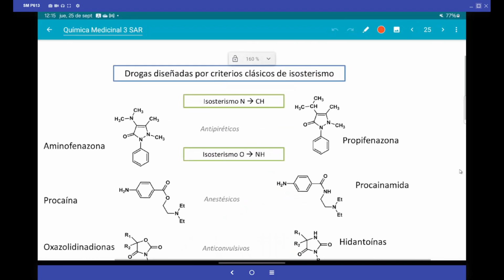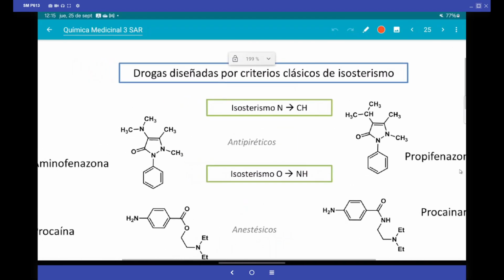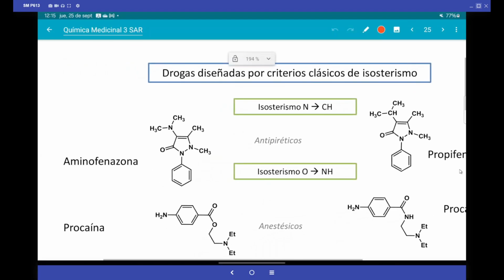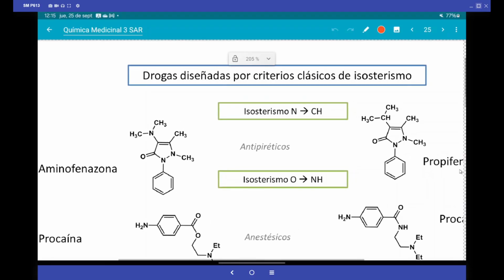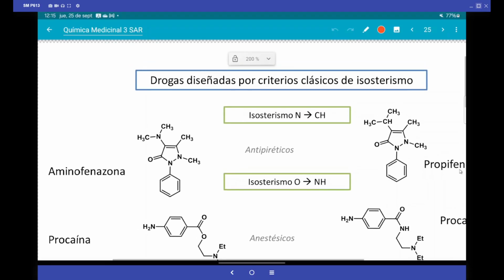In the first case, isosterism alters some drastic property of the molecule, as for example, the basicity. I am asking about this first example. The basicity of the compound is altered by making this subtle change.